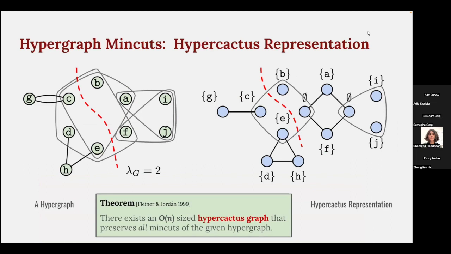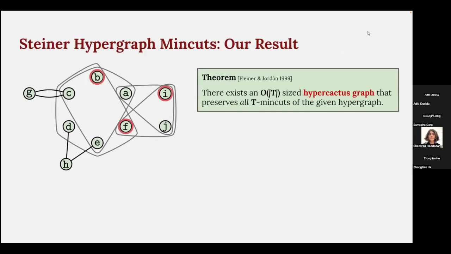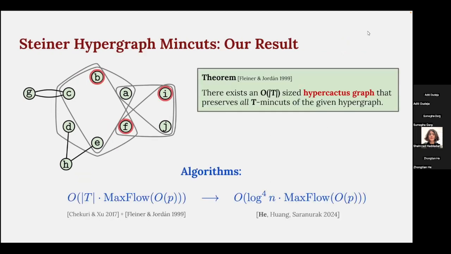So for example, in this graph, the mincut is 2. Then you can remove those 2 hyperedges to disconnect the graph, and you can have a hypercactus representation. The definition is a bit tedious, so I will just skip this part. But our algorithm also works for the hypergraph setting.